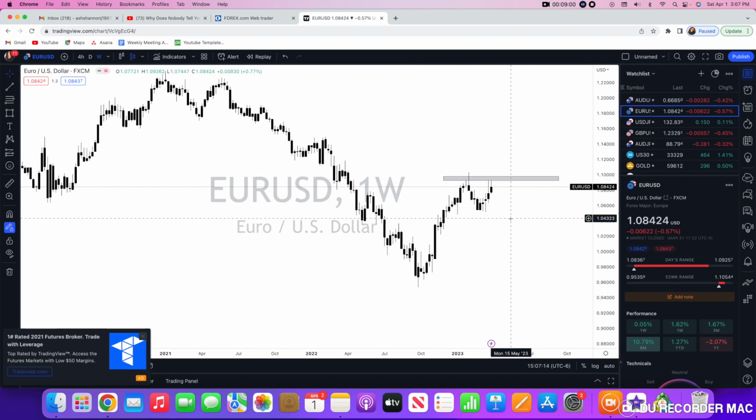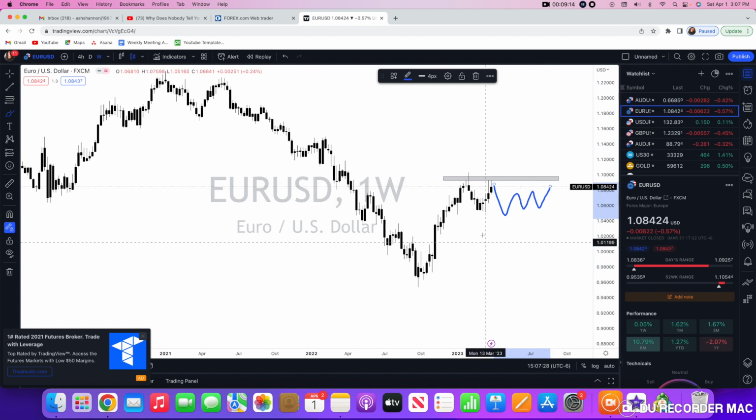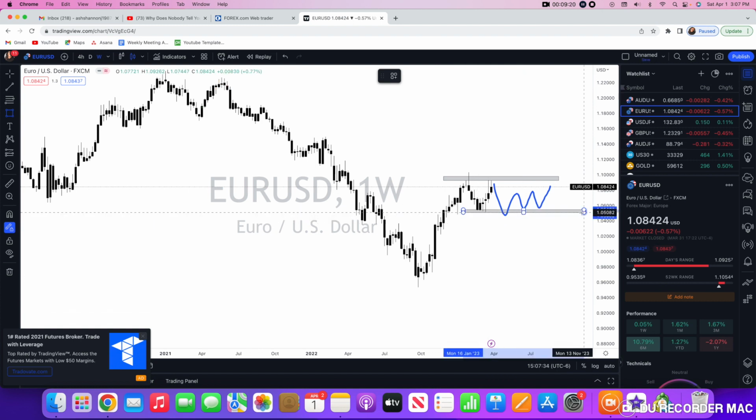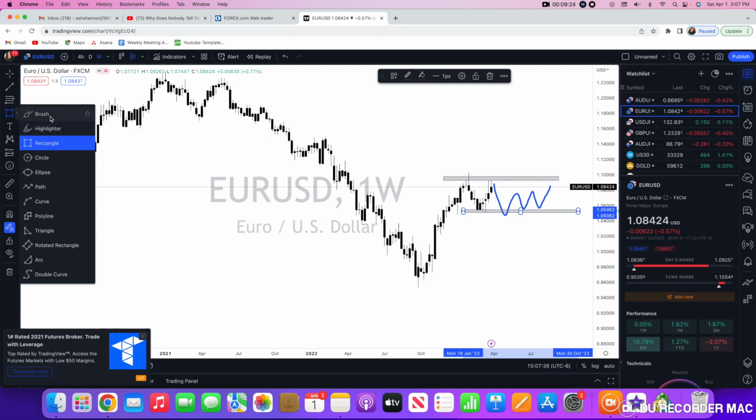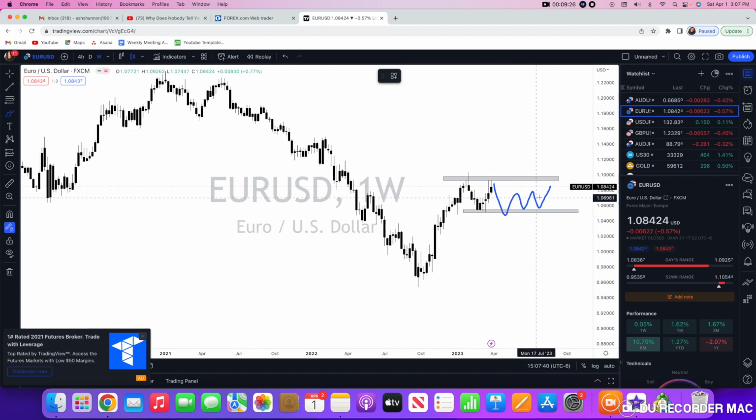So like I said, because we are rejecting here, I don't see it going in the long direction. I do believe, because of what it's doing, we could either see a bit of consolidation here, or, let me grab another rectangle here real quick, we could potentially see a break retest.